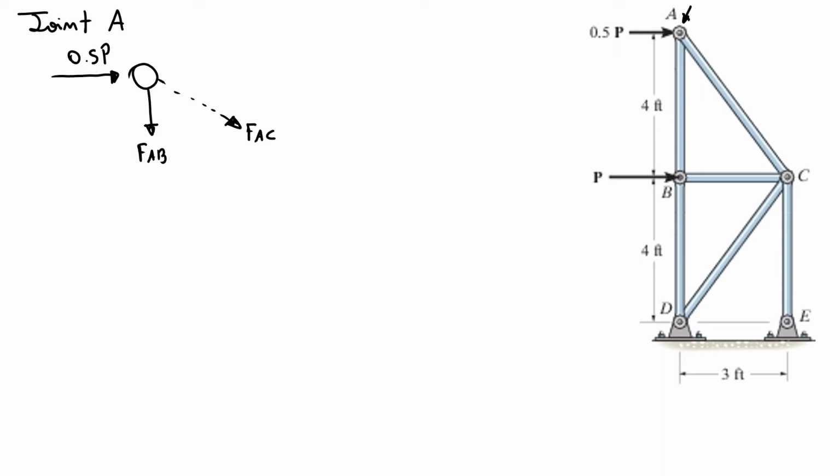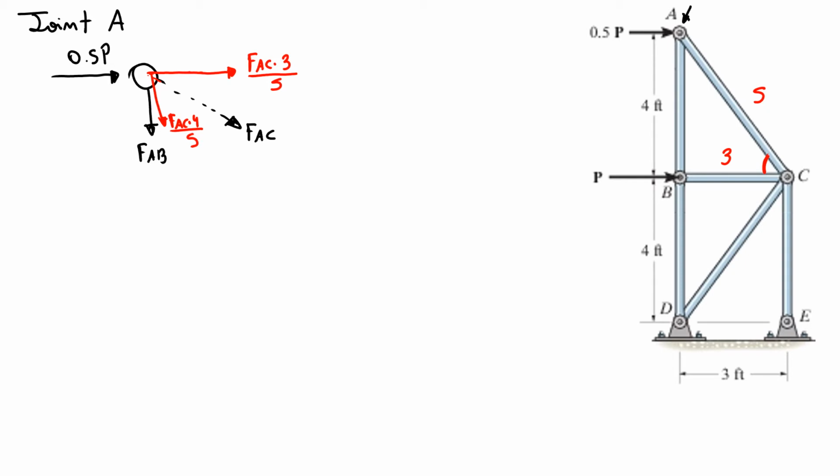So I know here is 3 and here is 5, so our angle is a 3, 4, 5 triangle. So if I decompose my forces, I have the force here is FAC times 3 over 5, and our force down is FAC times 4 over 5.